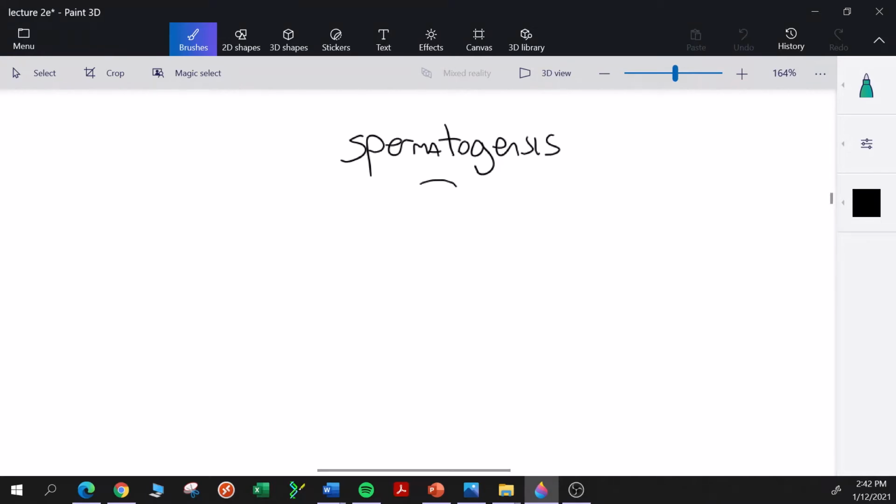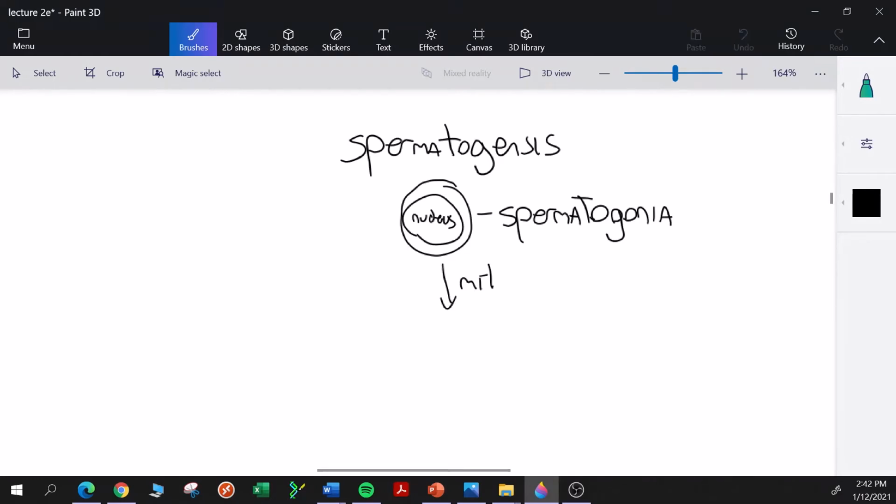So the process starts. This is the nucleus. It starts with cells called spermatogonia, or singular, spermatogonium. What these do is they divide by mitosis to produce primary spermatocytes.